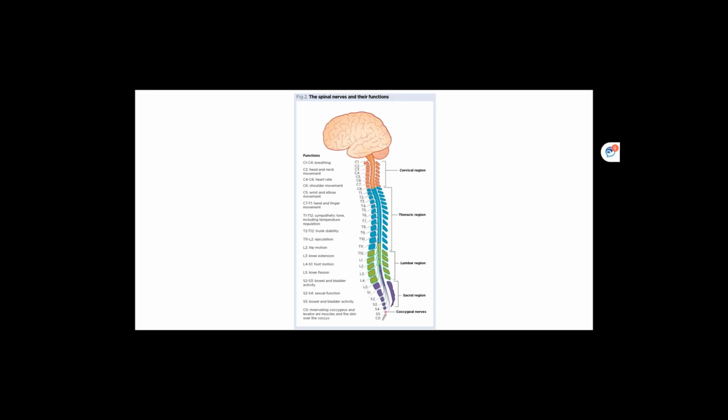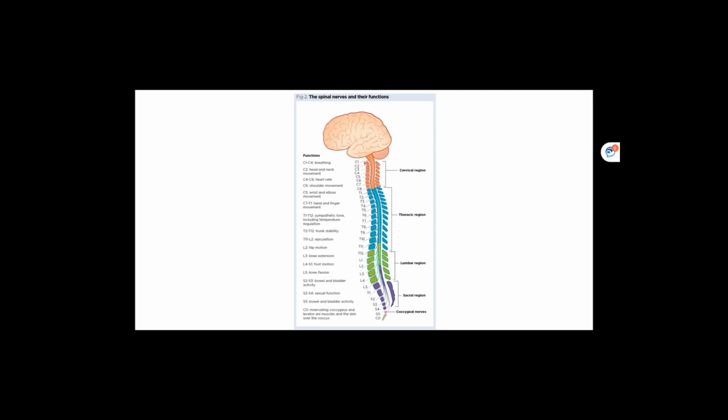We do want to talk about the spinal nerves real quickly and just talk about what each of those are. The spinal nerves and their function are on your screen. You can see that there are 31 pair of spinal nerves, as mentioned previously, and those are named according to their corresponding vertebrae. So, for example, C2 or C3.